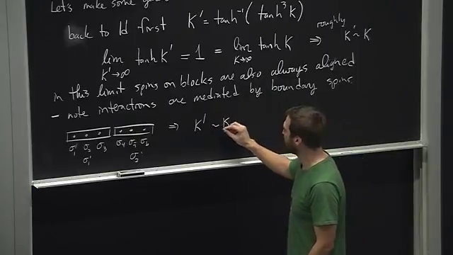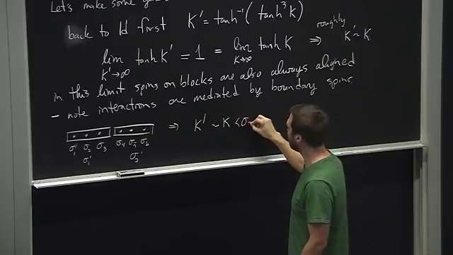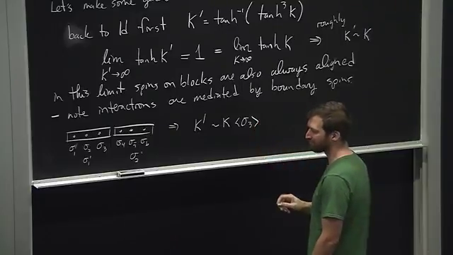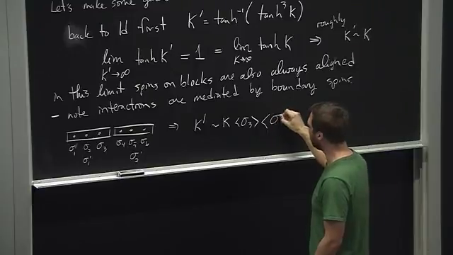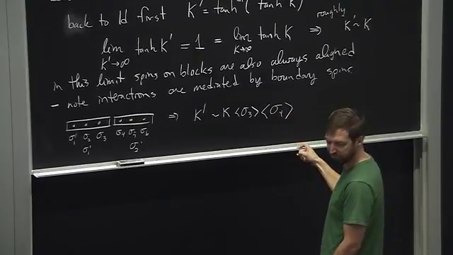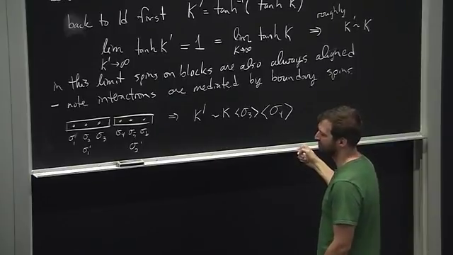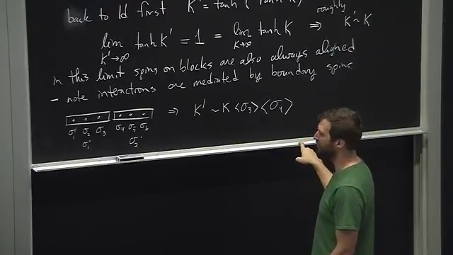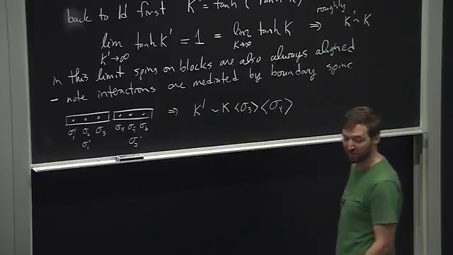So it's like K, sigma 3, say expectation value, sigma 4 expectation value, something like that, right? And these are fixed, these are evaluated, but essentially fixed to be 1 in that limit.